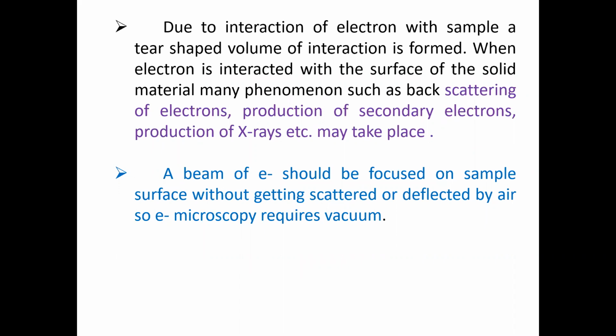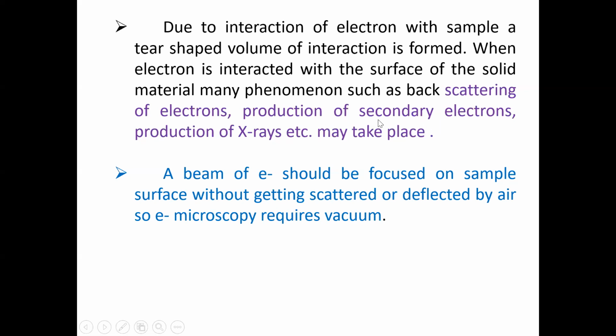Due to the interaction of electrons with the sample, a tear shape interaction volume is formed. When the electron interacts with the surface of the solid material, many phenomena occur, such as back scattering of electrons and production of secondary electrons.